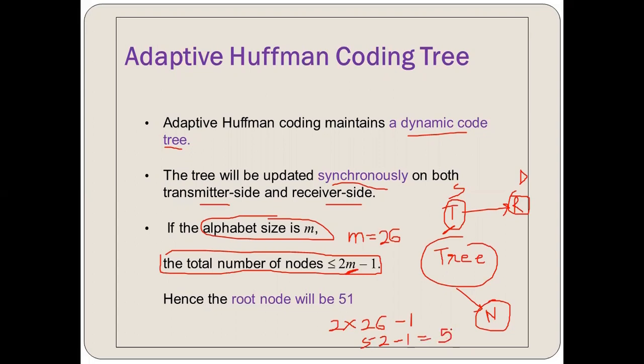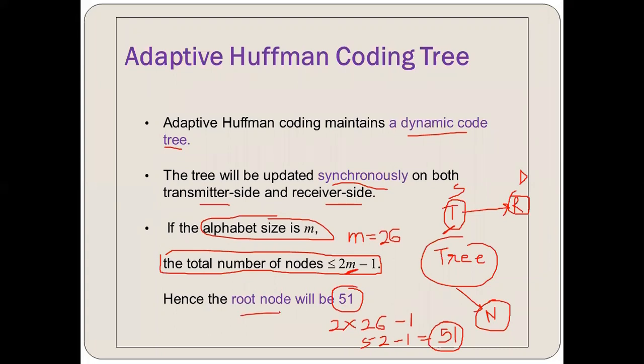Right? So this is what we have, that the root node, that means the total number of nodes, will be 51 in this particular tree. So this is how the root node number is calculated, that is 51.